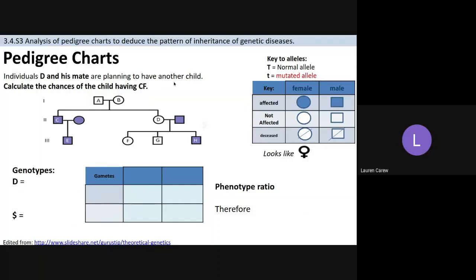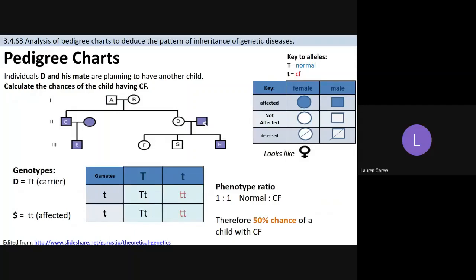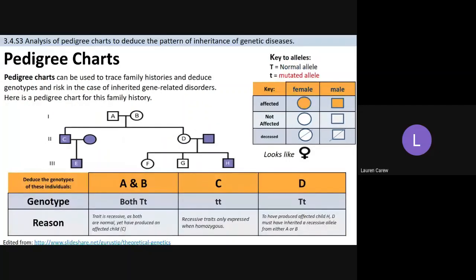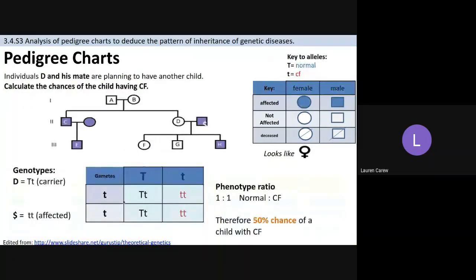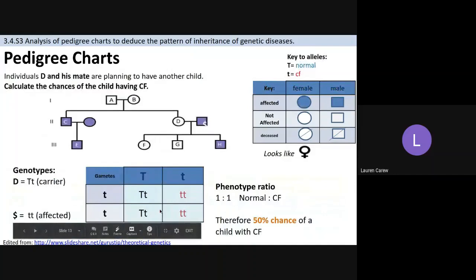So remember, we already determined that individual D is going to be heterozygous, big T, little t, and we know that her mate is little t, little t. So when we set that up, we would get a Punnett square that looks like this. And so their children have a 50% chance of having cystic fibrosis and a 50% chance of being carriers of cystic fibrosis.